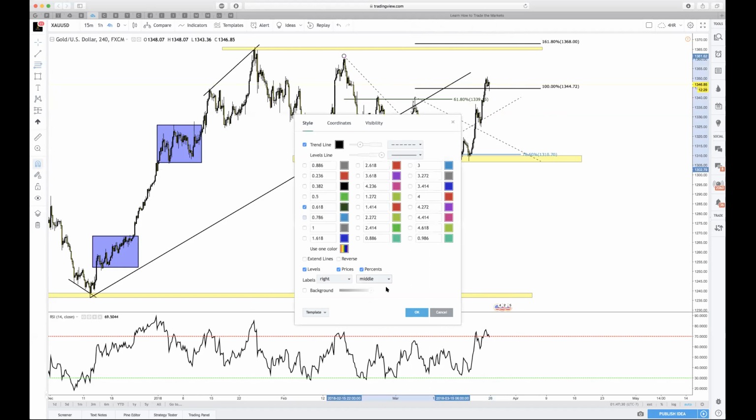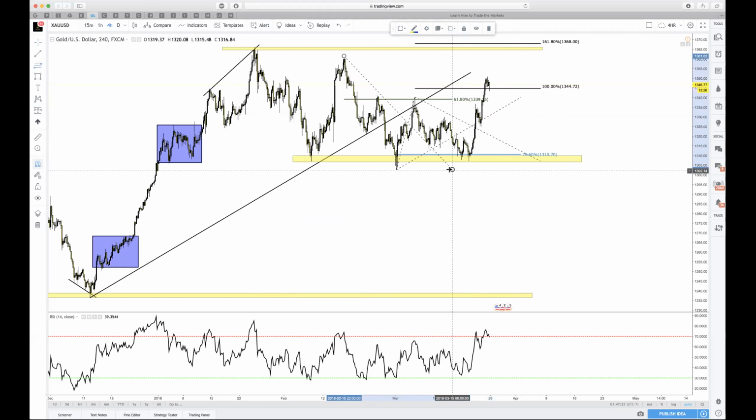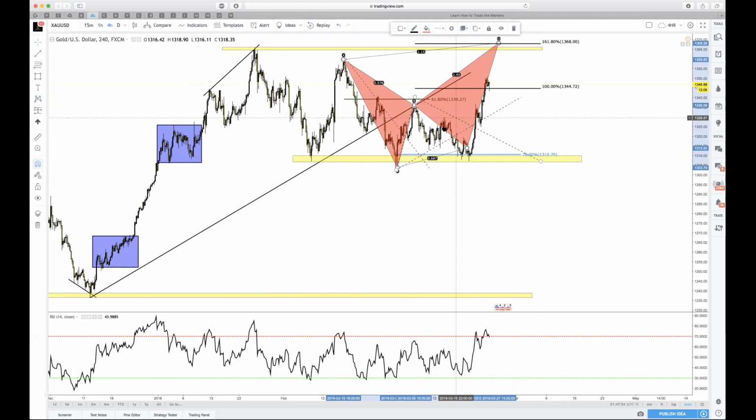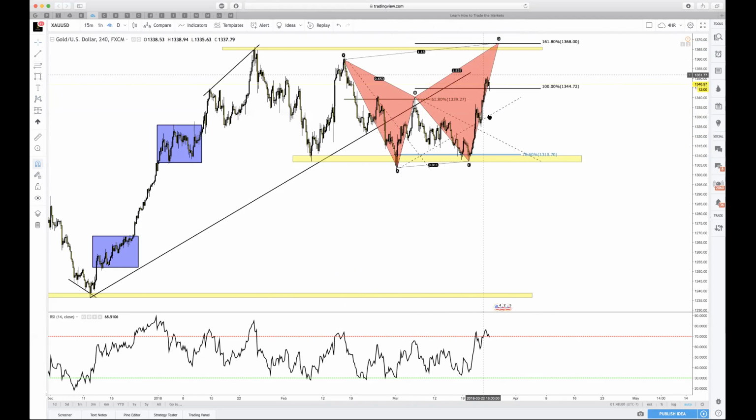So 78.6. Right about there. 61.8, 78.6. Most likely 161.8. That's the number I'm looking at. So, harmonic patterns, right here, right here, right here, right here, and right there. Okay, that's a harmonic pattern.